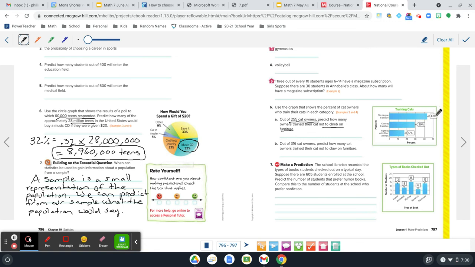Well, if it's 43% that are saying in the original survey that they're training their cats not to climb on the furniture, that is the percentage we're using, and we're going to take that percentage to a decimal. So it's 0.43 times 255 cat owners. Go ahead and multiply that and find out how many out of 255, the larger population of cat owners, are training their cats not to climb on the furniture.